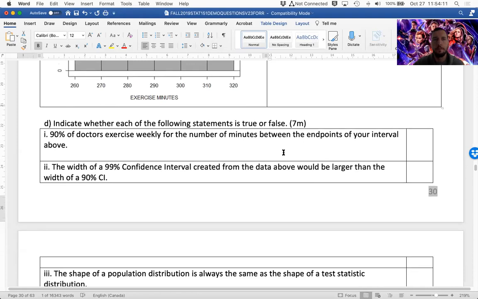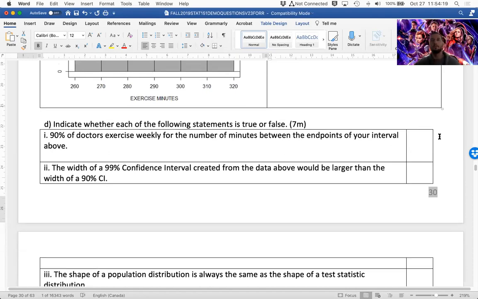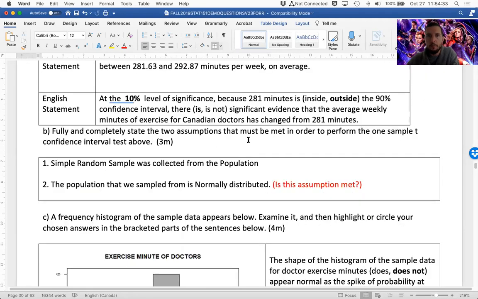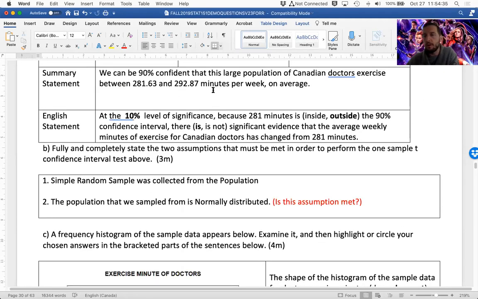Okay, true or false? 90% of the doctors exercise weekly for the number of minutes between the endpoints of your intervals above. Okay, so this is false. Why is this false? This statement is implying that the interval is telling us the proportion of doctors in the sample that exercise between 281.6 and 292.87 minutes per week.